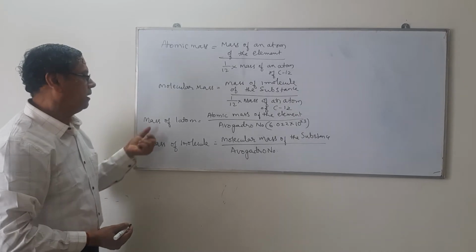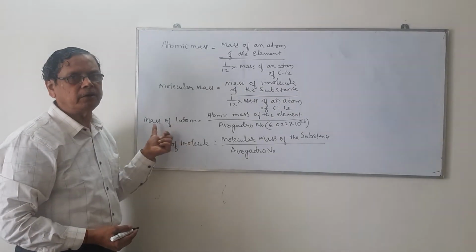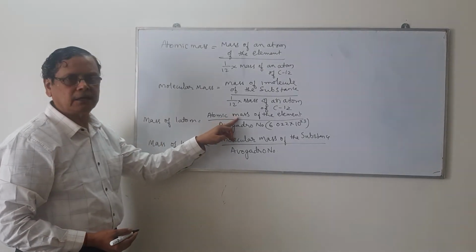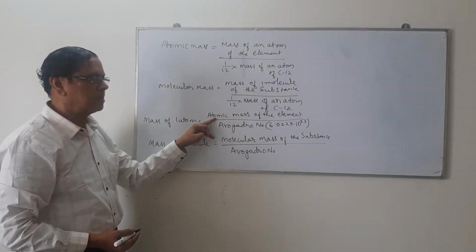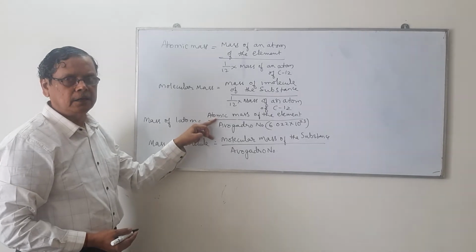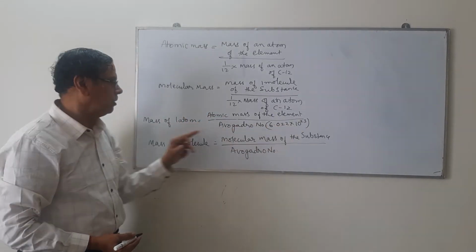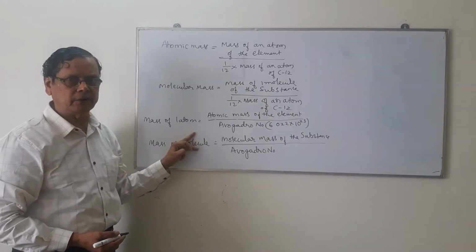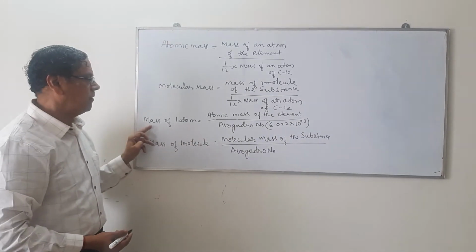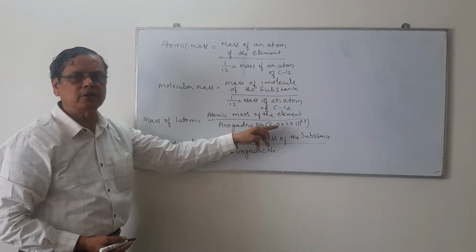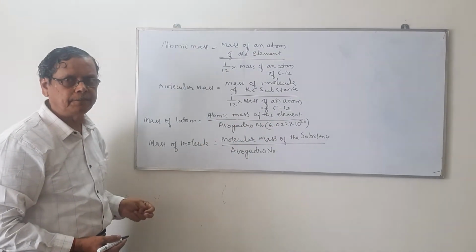Suppose you want to calculate the mass of one atom of hydrogen, mass of one atom of oxygen, etc. Atomic mass of oxygen is 16. Atomic mass of hydrogen is 1. So 1 divided by 6.022 times 10 to the power 23 will give the mass of one atom of hydrogen. Similarly, mass of one atom of oxygen is 16 divided by 6.022 times 10 to the power 23.